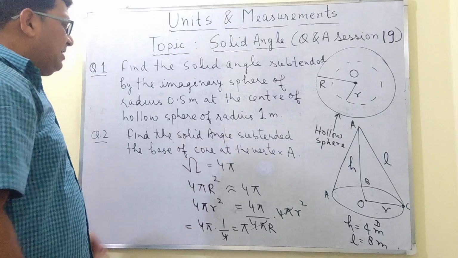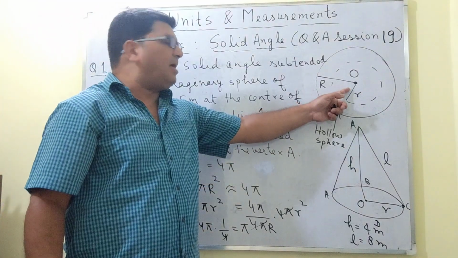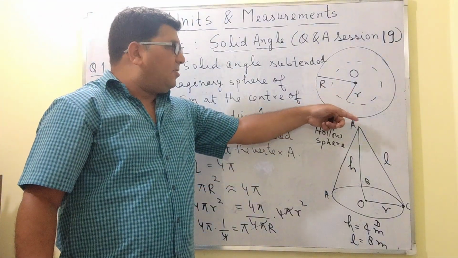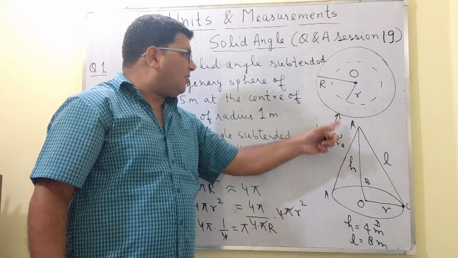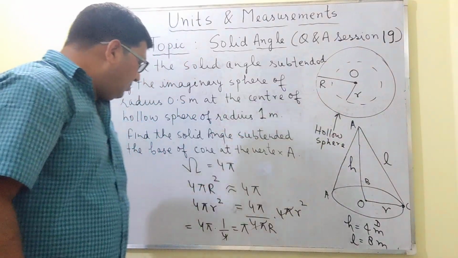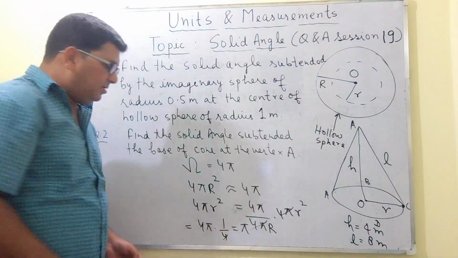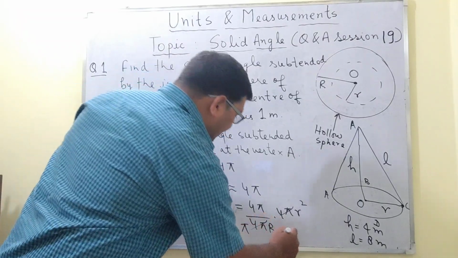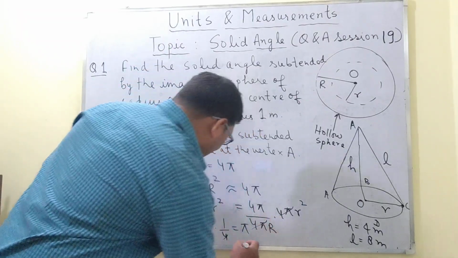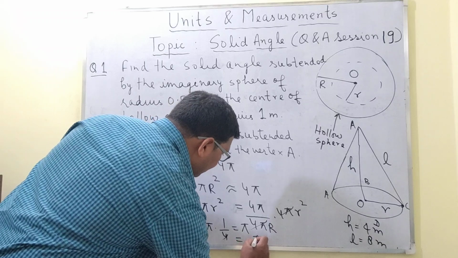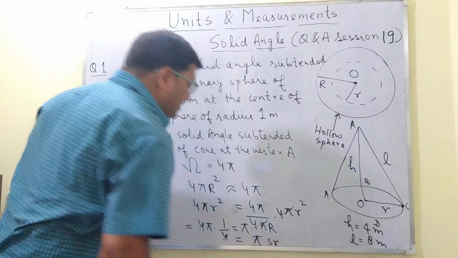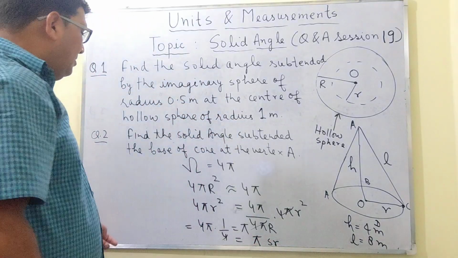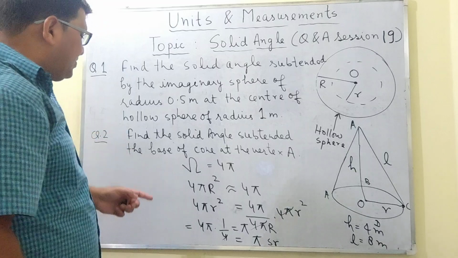So the solid angle subtended by this imaginary sphere which is inside this hollow sphere of radius 1 meter will be equal to pi steradian. The unit of this solid angle is steradian, so this will be equal to pi SR, where SR is the symbol of steradian. So this was the first question.